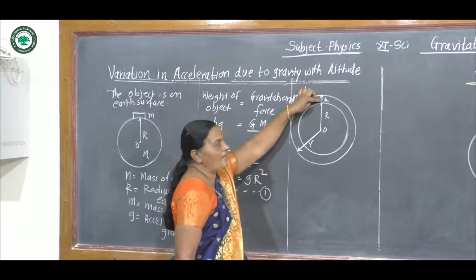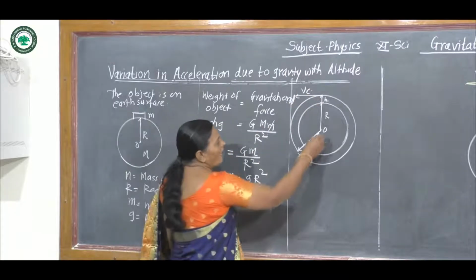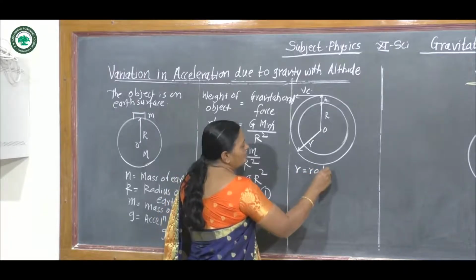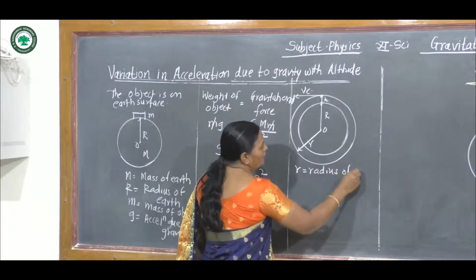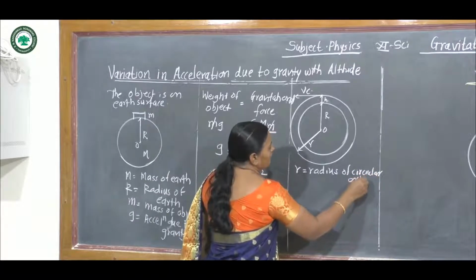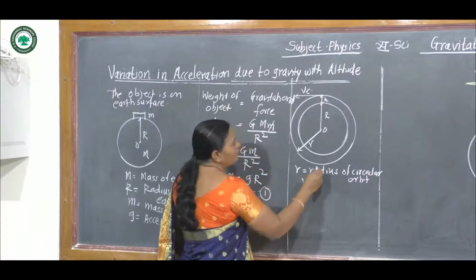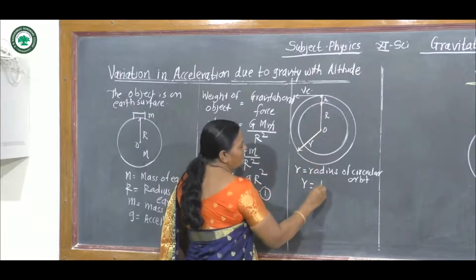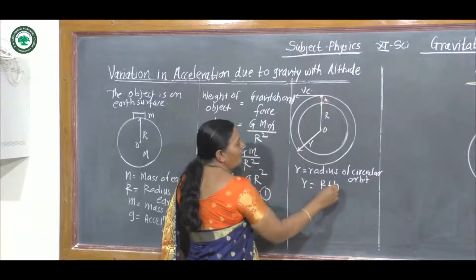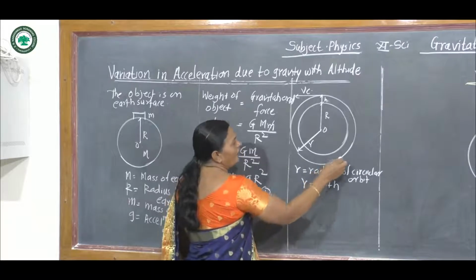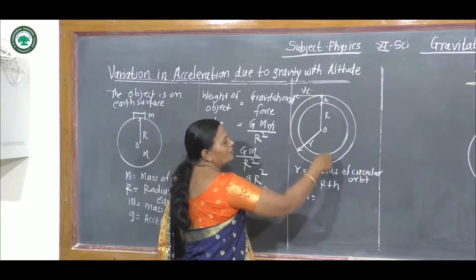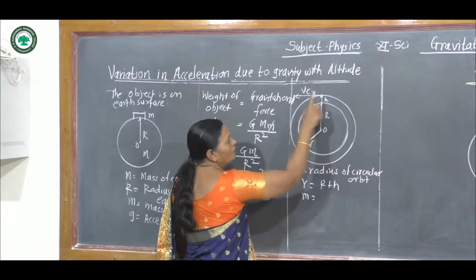Thus r is the radius of circular orbit, and r is equal to R plus h, where R is the radius of earth and h is the height above the earth's surface, for an object or satellite of mass m revolving around the earth at height h.